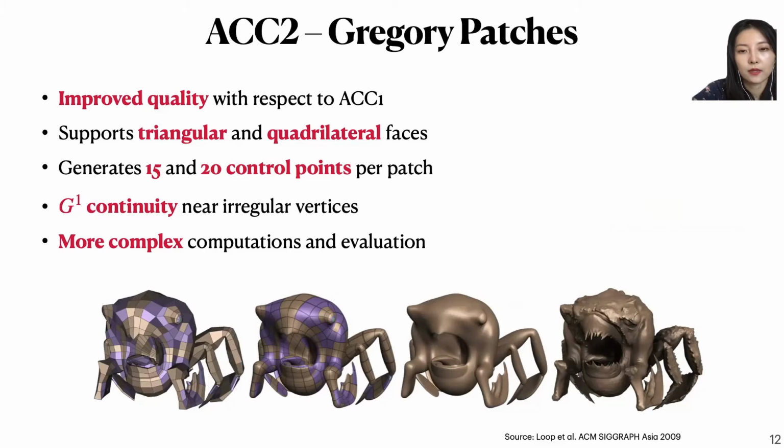The second and third images show the parametric patches generated. Gregory patches are used to render the purple faces, the irregular quad faces. The final image is the same surface with a displacement map applied.